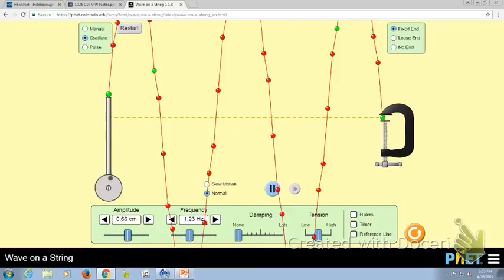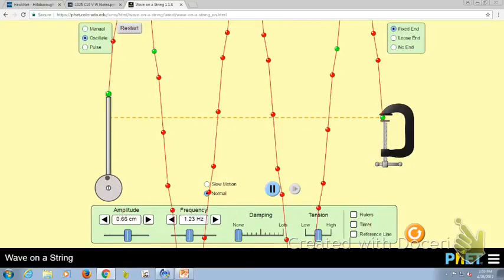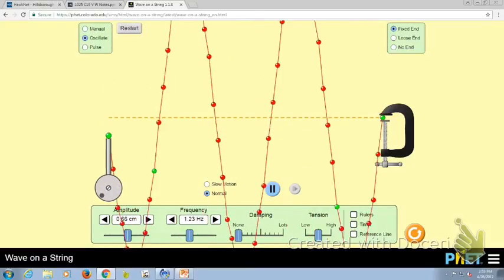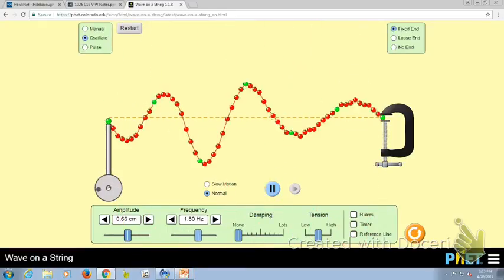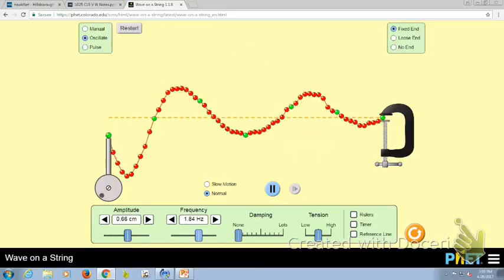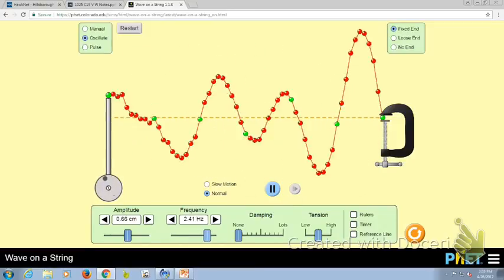But alternatively, what you saw was, I can also mess up. And I don't know if I can find a frequency that will do it.